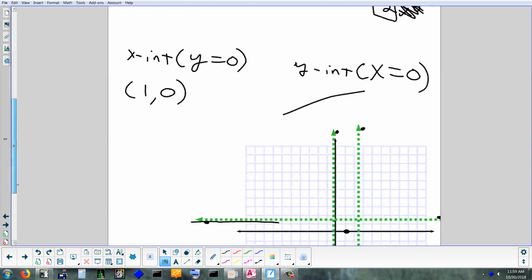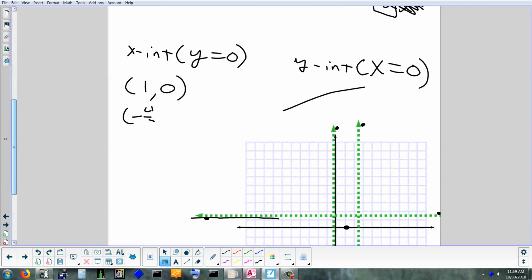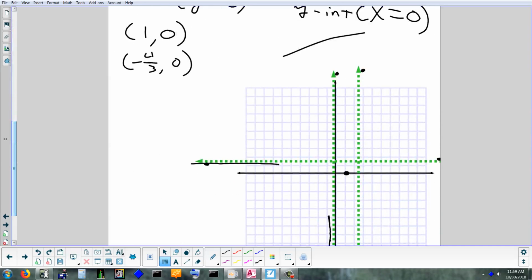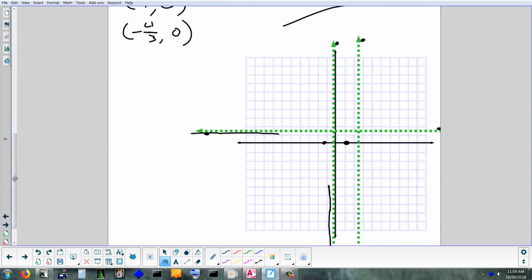Yeah, -4/3. So I wasn't exactly sure where it was going to cross the axis. It's going to cross at -1 1/3. So my graph is going to look something like that in that section.